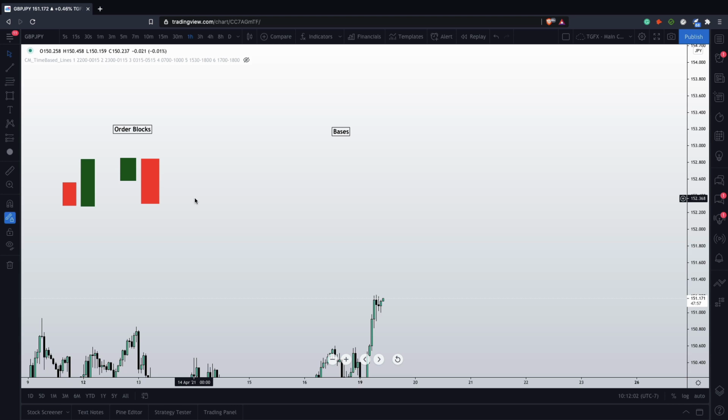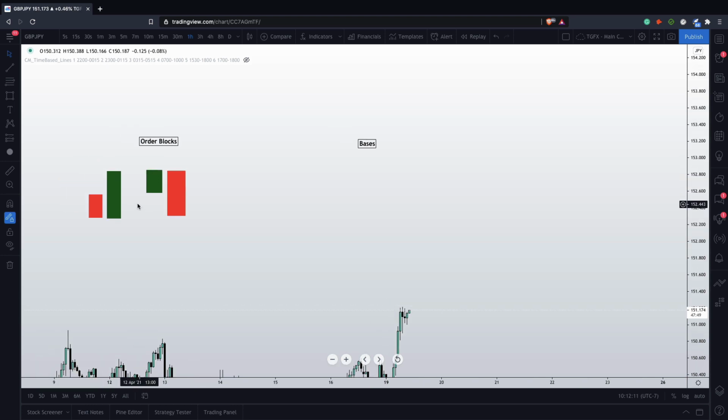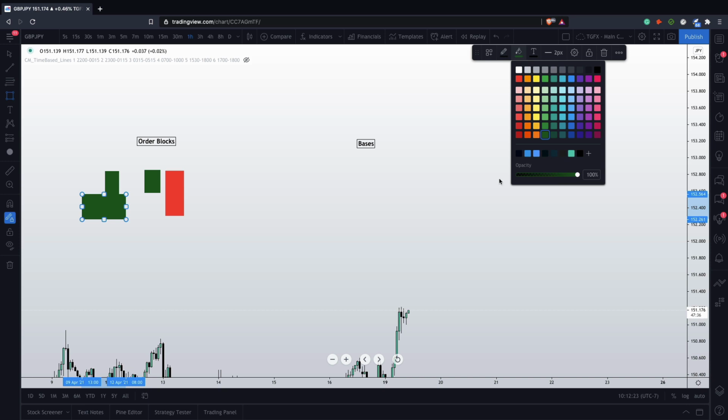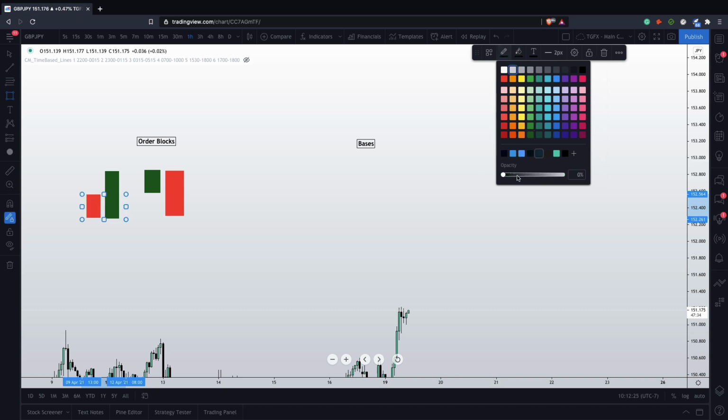Now, the thing with the order block is that the small block in this case right here on this bullish engulfing or bearish engulfing pattern actually represents what's called equilibrium. And basically equilibrium is sideways movement. So at this area here, and let me make this clear, and we'll do it like this.